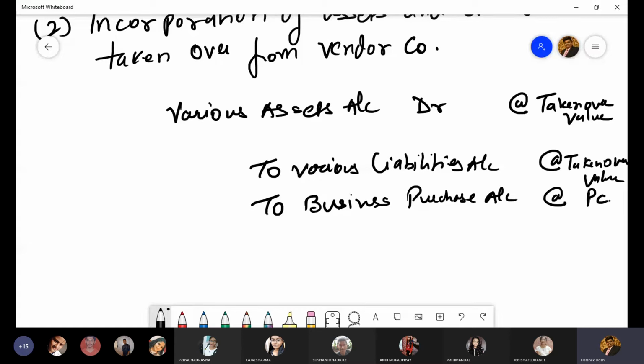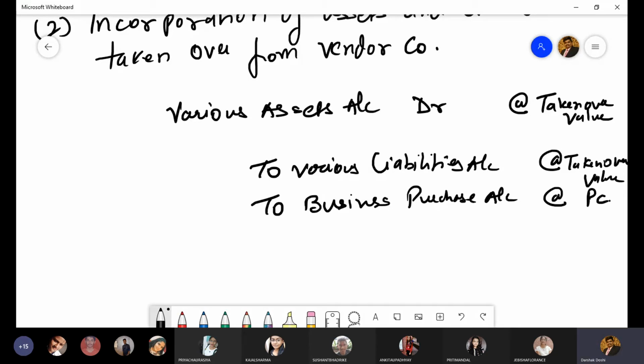But if your purchase consideration is calculated by net payments method, then there is a chance, I repeat, when the purchase consideration is calculated by net payments method or maybe by lump sum method, then there is a chance that there is a difference.